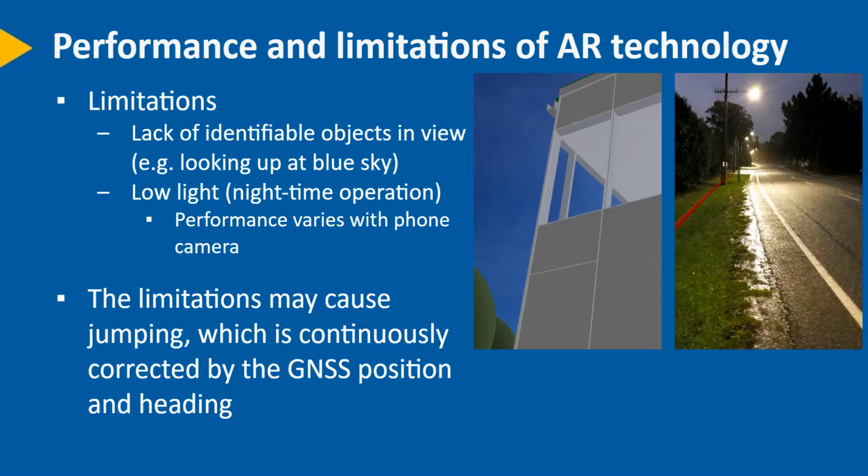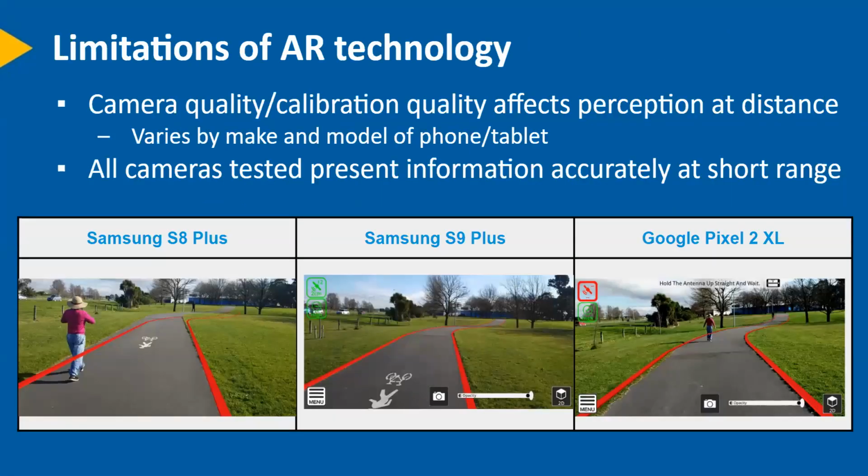And the providers, something like Trimble Sight Vision, try to do their best to orient the data, even with the absence of some of these features, using the GNSS position as well as heading, as long as you're moving, and it allows the data to continuously be redrawn appropriately. So working together, these things make the augmented reality solution an experience much better.